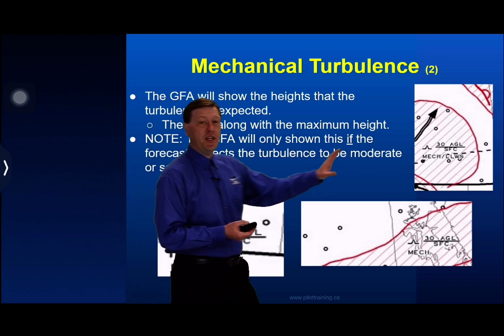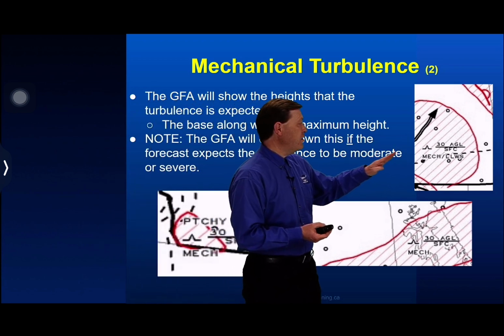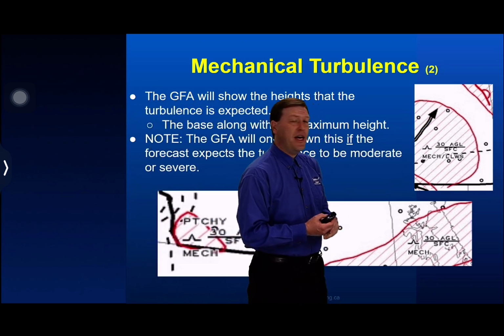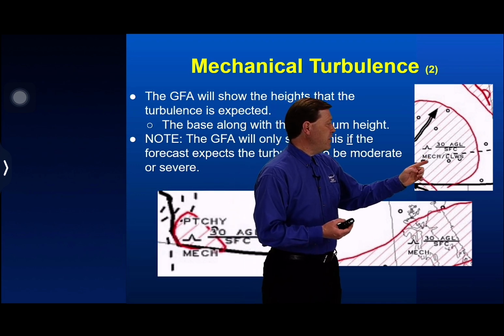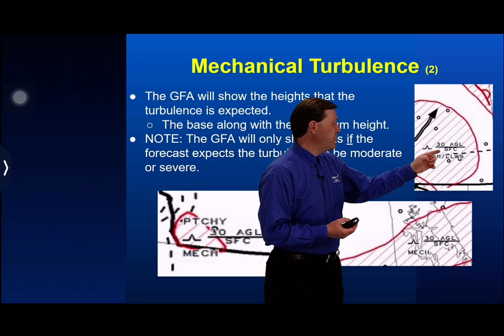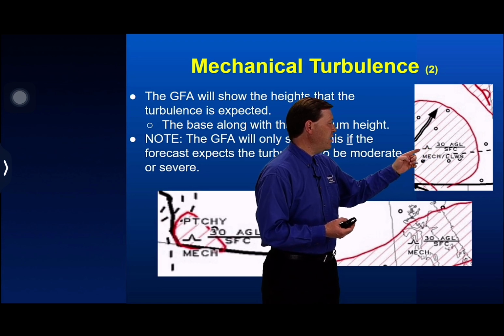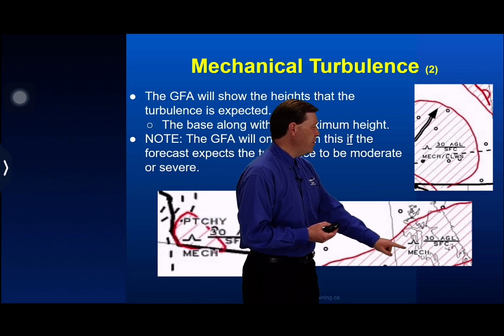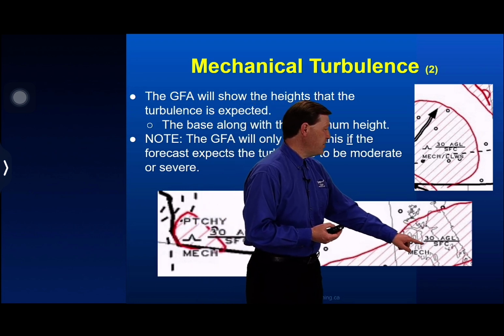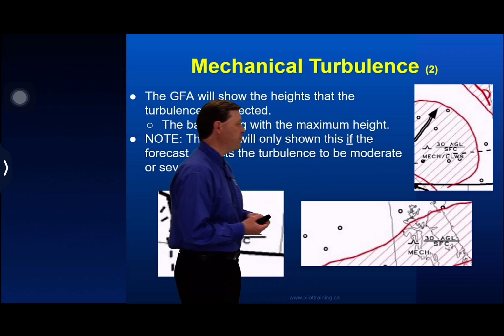In this case over here, it looks like I've got a low-level jet that's helping get that mechanical turbulence going. And yeah, there it is, mechanical turbulence, low-level wind shear. It says surface to 3,000 feet, again, moderate. In this zone here, all red, mechanical turbulence, moderate from the surface to 3,000 feet.